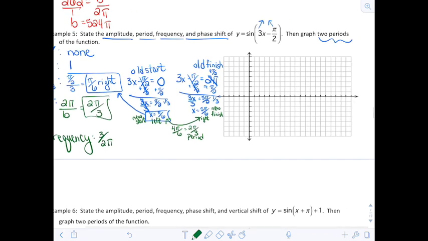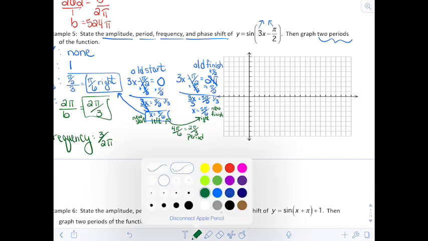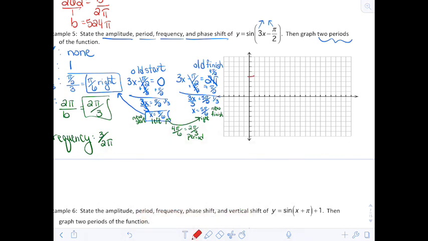So now we're going to graph 2 periods of this. So amplitude is 1. I'm going to go up 1 and down 1 for my amplitude of 1 and -1. And my phase shift is pi over 6 to the right. So to make this easy on myself, that's going to be my scale.